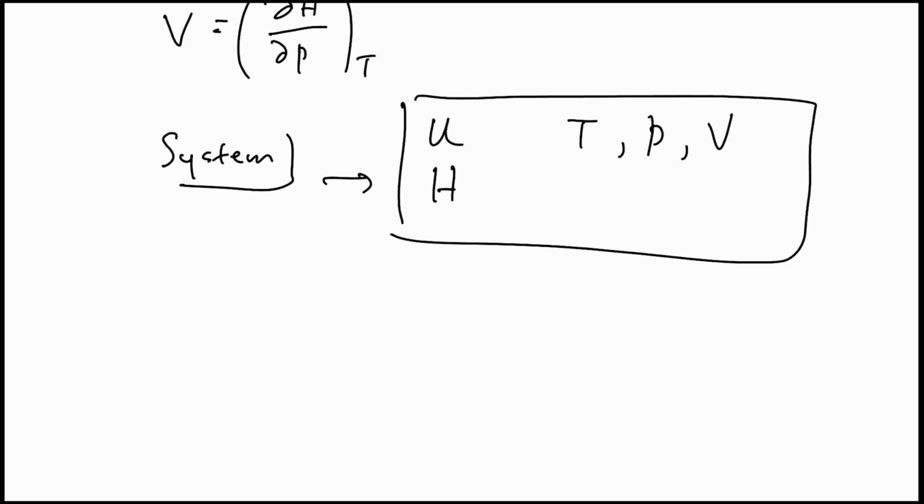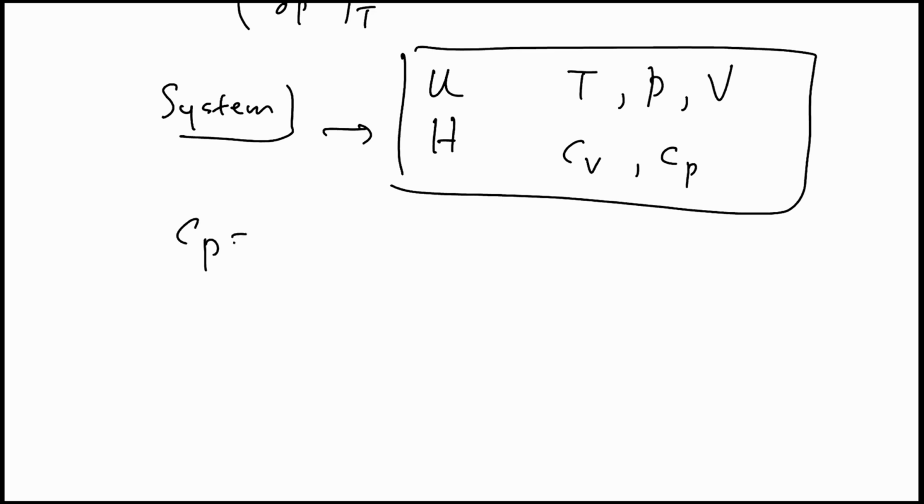V goes from V naught to V naught over 2. Then as long as it's a reasonable problem, you have the ability to calculate all those different values. And it also has a C sub V and a C sub P, so we could add those to the list of things.